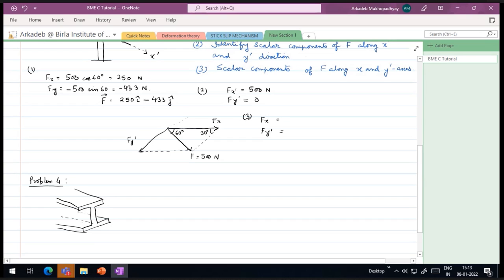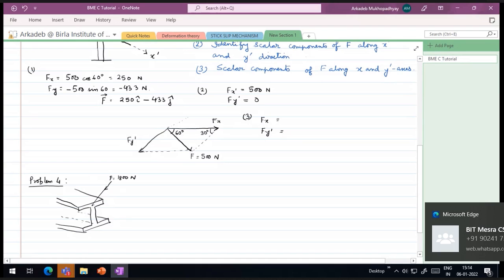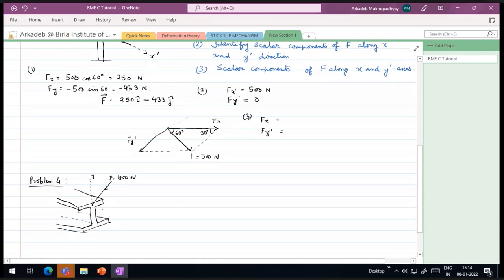Here, a force is acting at this point. F is equal to 1800 Newton. This is the y direction that is given to me.